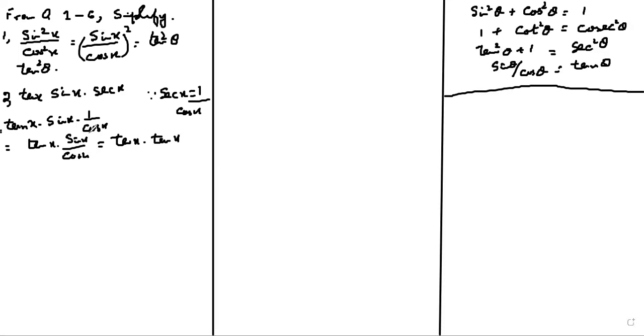Now we know that sine x over cosine x is equal to tangent x, so this would be tangent square x. So this is question number 2, and I hope you understand it well.